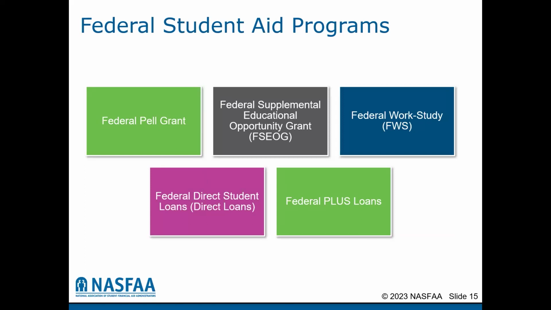First off, we'll talk about the Pell Grant. The federal Pell Grant is the largest federal grant program. It is need-based aid that does not have to be repaid. Generally, the student may not have a prior baccalaureate or bachelor's degree to qualify for the federal Pell Grant.